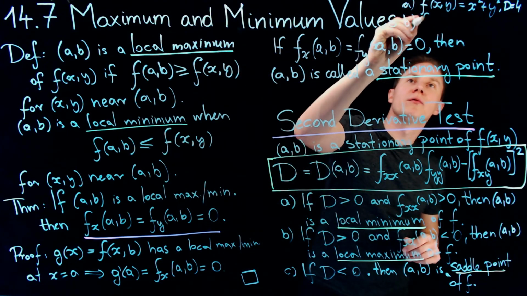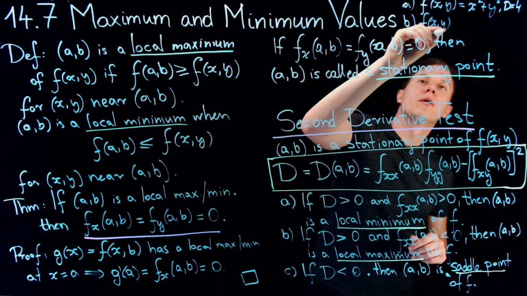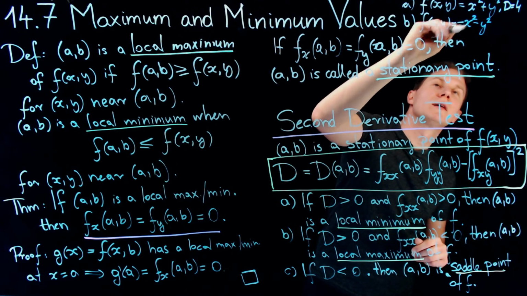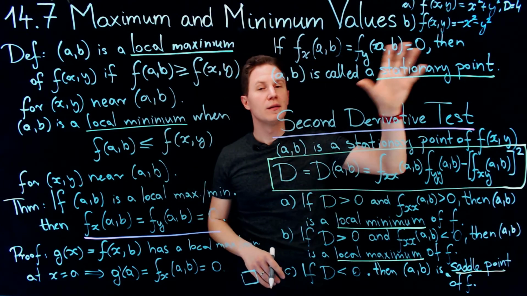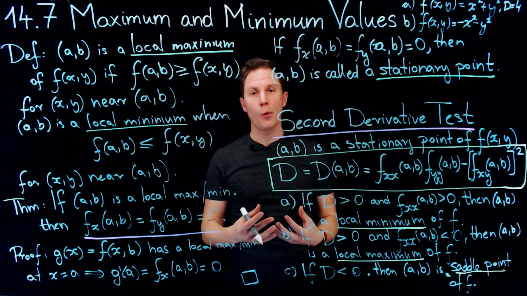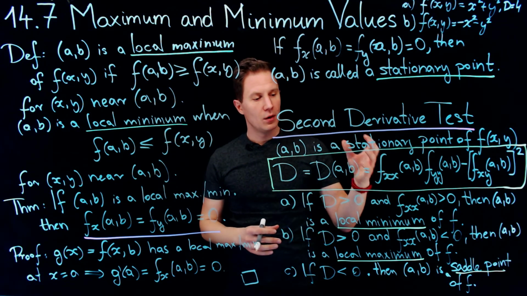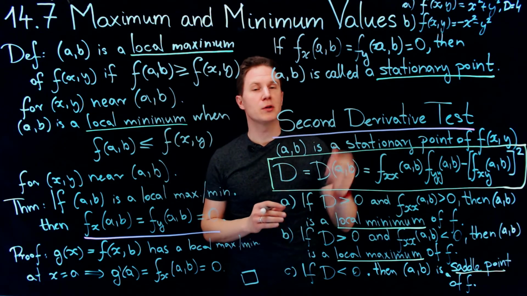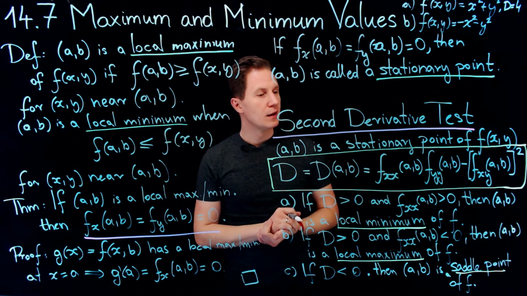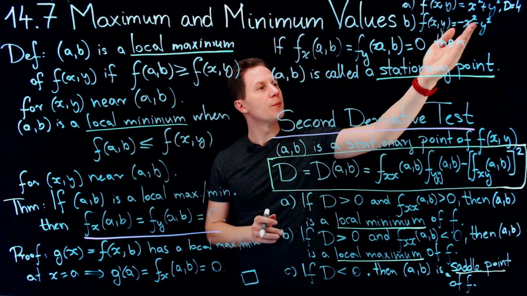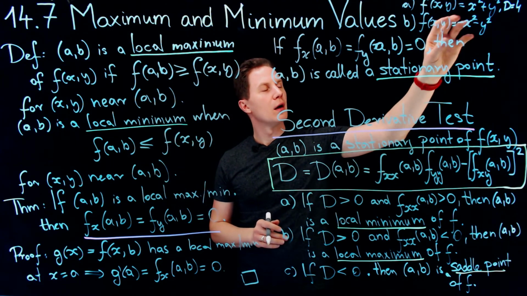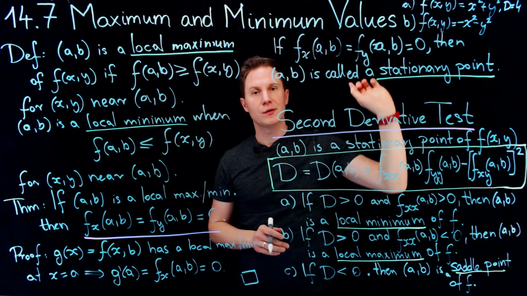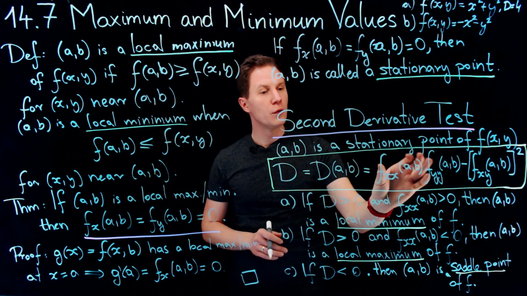Next, let me give you the function f of x and y to be minus x squared minus y squared. And again, pause the video and decide whether the origin x equals 0, y equals 0 is a local minimum, a local maximum, or a saddle point of this function. Okay, I hope you paused it and realized when you compute the pure second order partial derivatives of this function, you get minus 2 and minus 2, which multiplied gives you plus 4.